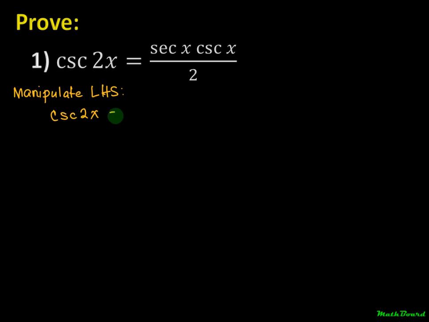We know that by reciprocal identity, cosecant 2x is the same as 1 divided by sine 2x, right? And by double angle identity, sine 2x is the same as 2 sine x cosine x.